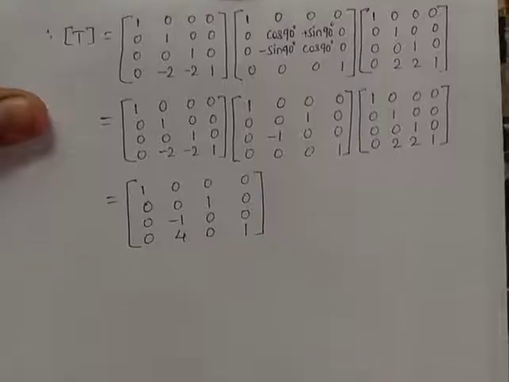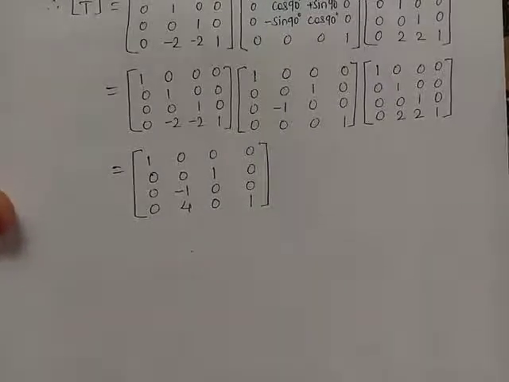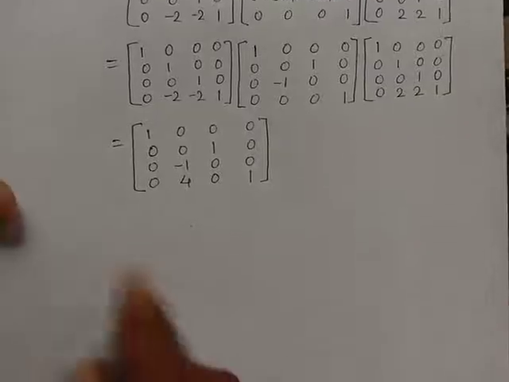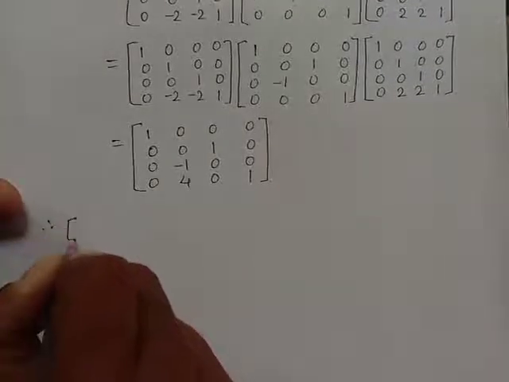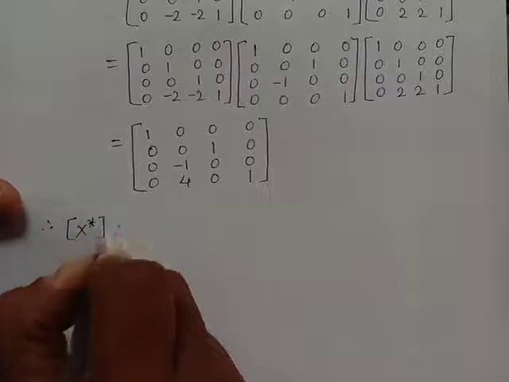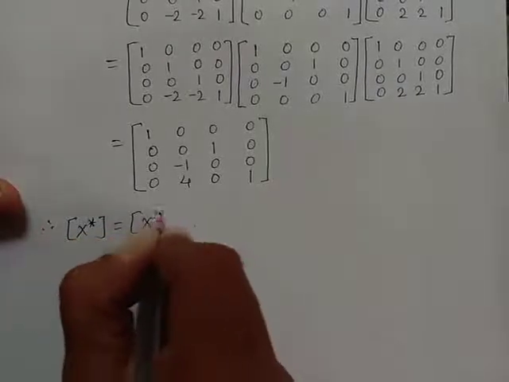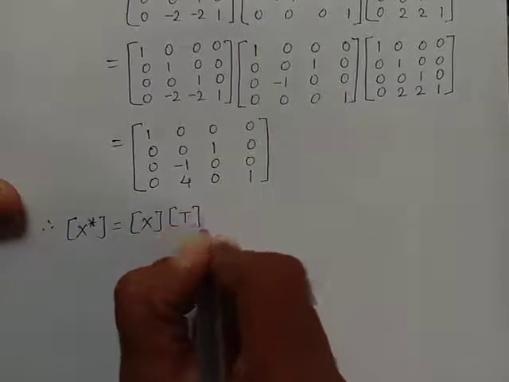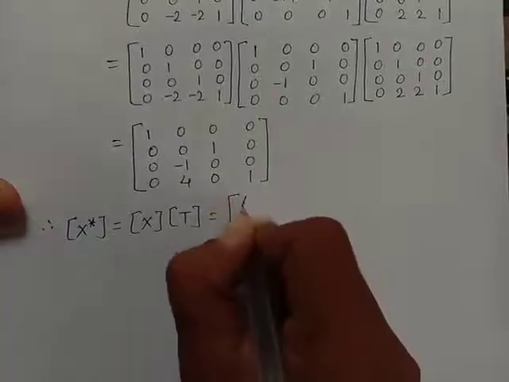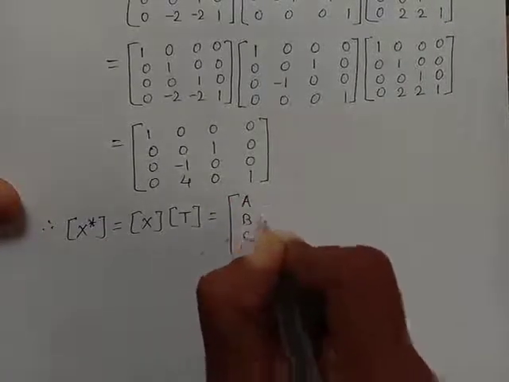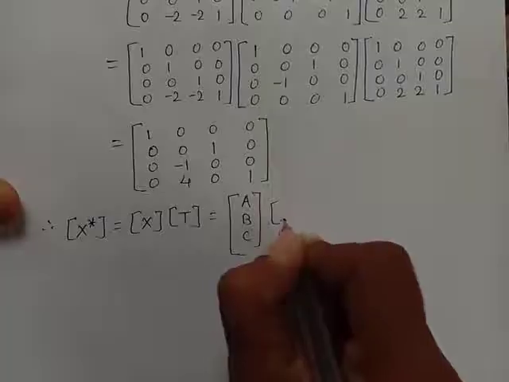This is the resulting transformation matrix, concatenated transformation matrix. Therefore now what is x star? X star is nothing but x into t. What is x here? That x is nothing but the position vectors of triangle ABC, into t.